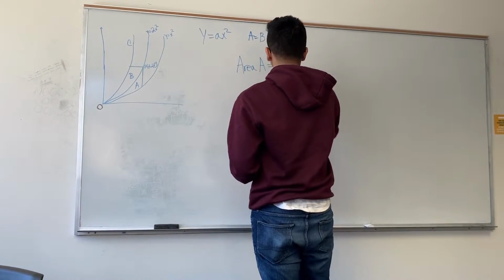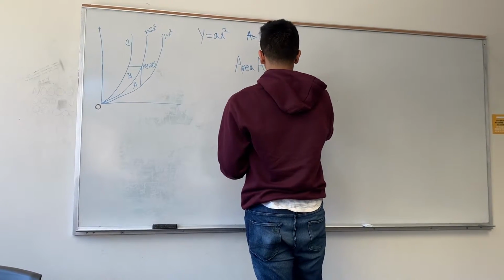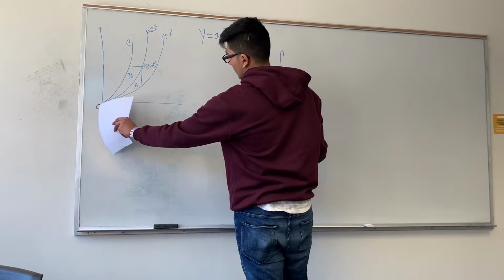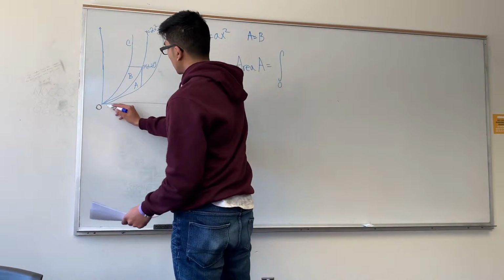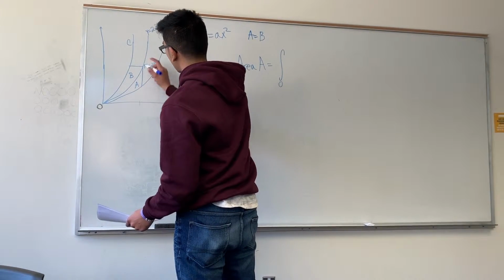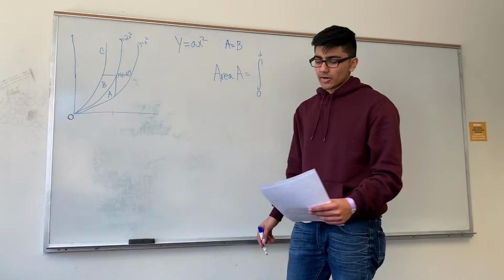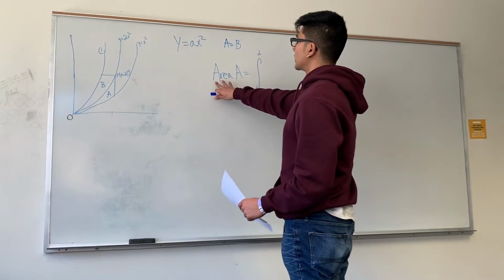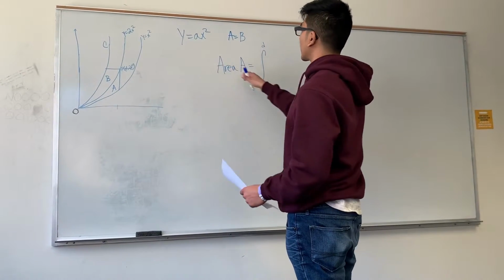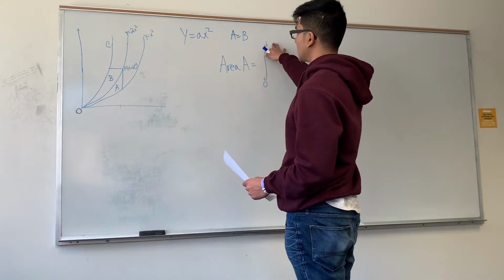It will be the definite integral from 0, which is right there, and then it will come up to the x coordinate of P, which in this case was D. So 0 to D. Alright, so this is what the area of region A would look like. It's the definite integral from 0 to D.